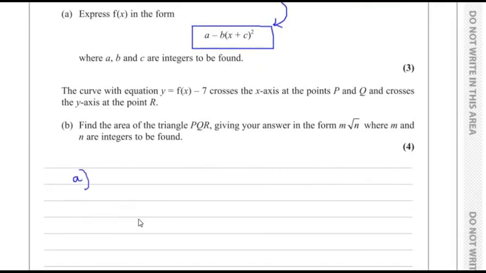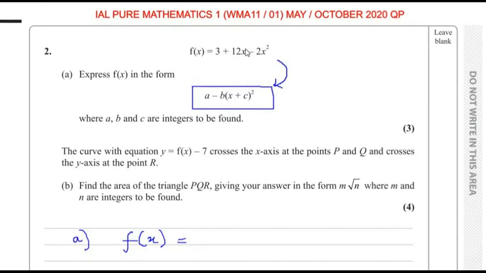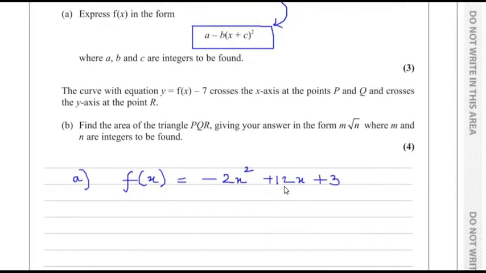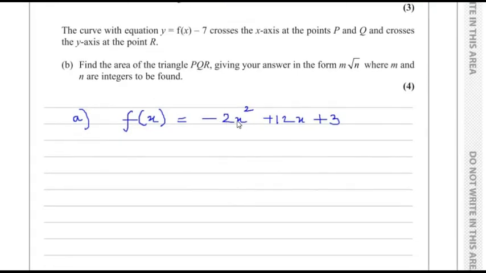So the question given is f of x is equal to... Let me just rearrange this given expression by taking the highest power of x first. So it is minus 2x square plus 12x plus 3. Now I'm going to separate out the first two terms.